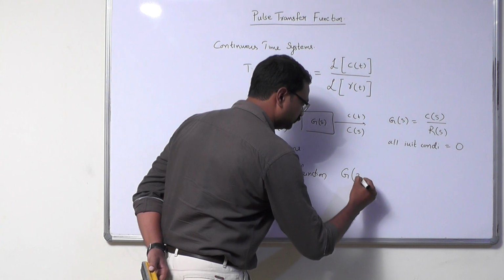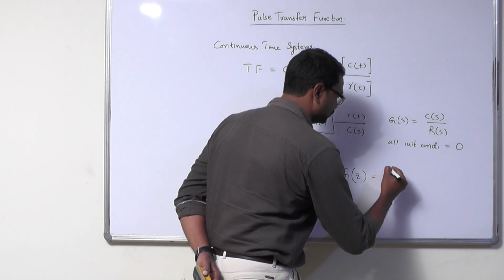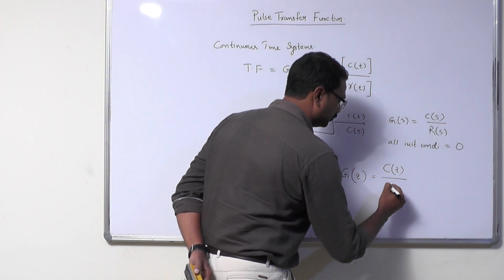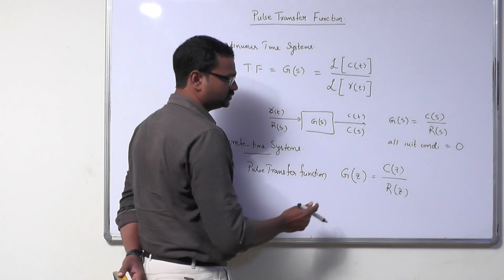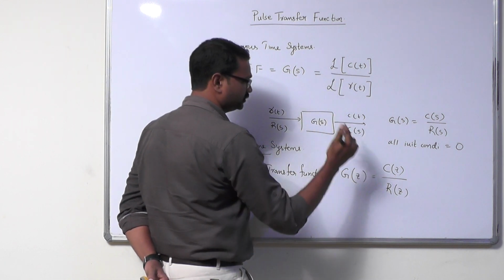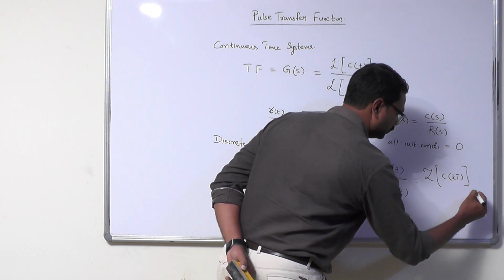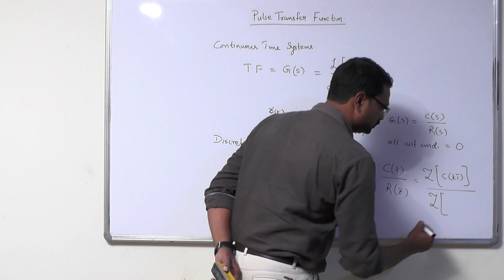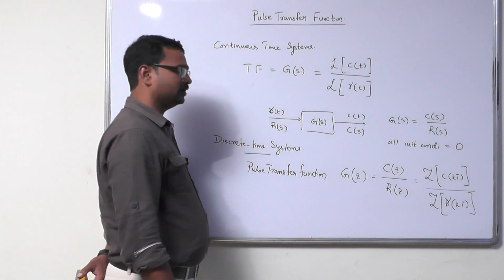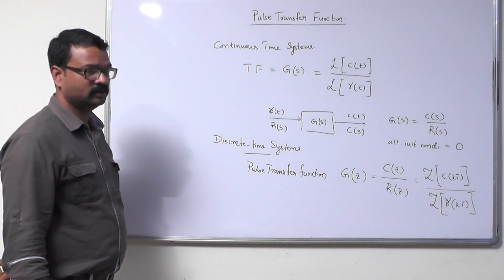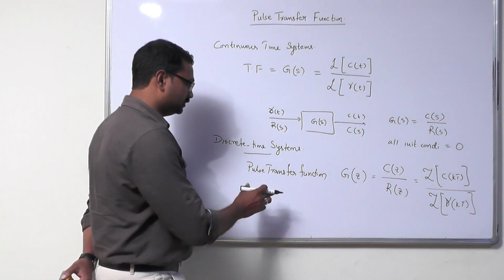It is given by g of z, which you can also call c of z by r of z, where c of z is the z transform of c of t, which is nothing but the z transform of c of kt, where c of kt and r of kt are the sampled data obtained from the continuous time signals c of t and r of t. Therefore, this is the pulse transfer function.